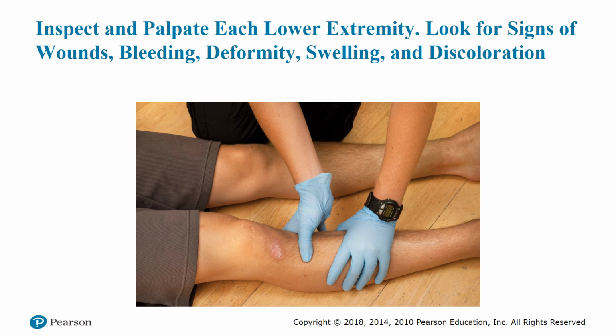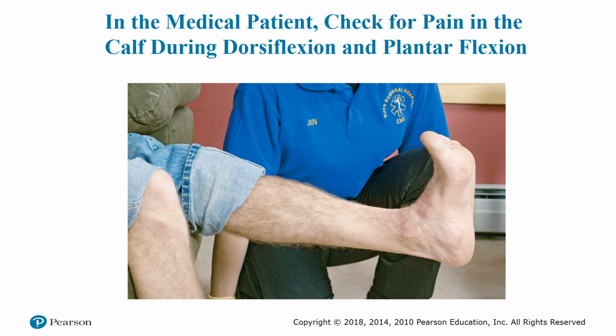And here we are. Let you look at that for a second before I move on. You know, I try to be a good boy. I really do, and toe the party line where these lectures are concerned. I'm certainly not telling you that this is not something you can check when you're doing a secondary assessment. This is checking for pain in the calf during dorsiflexion and plantar flexion.